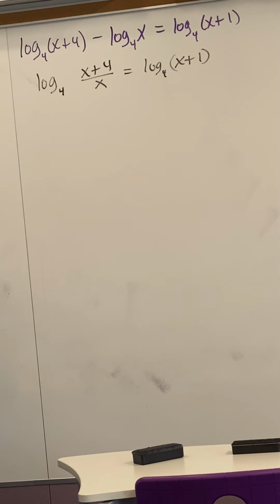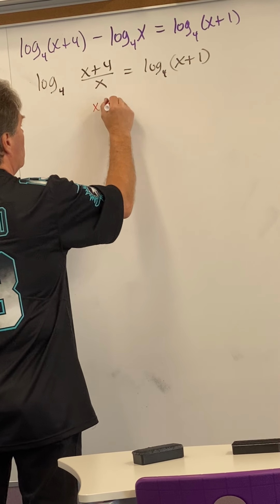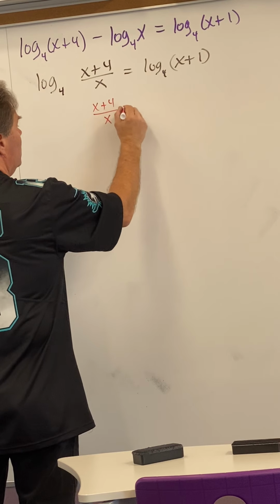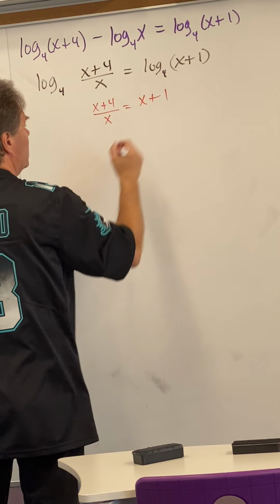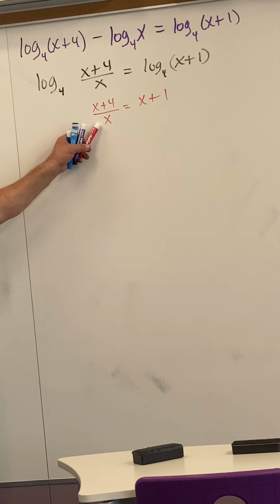Okay, so log base 4 of that equals log base 4 of that. Guess what? Drop the logs. And here we go. x plus 4 over x equals x plus 1. Okay, let's look at this. Ooh, yuck. x in the denominator. Bad.